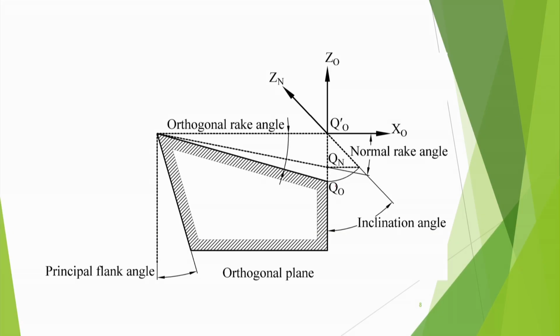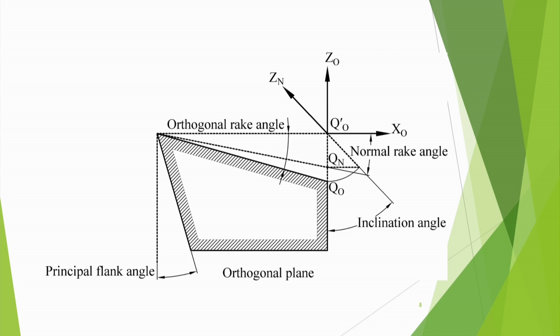This is really not a 2D diagram. Here I am showing that Z0 is the normal. Then in that particular direction, meaning out of the plane, you have tilted it and that axis has become Zn, and in that system you will be measuring the normal rake angle. Both the vertical axes will be inclined by an angle that is called the inclination angle.